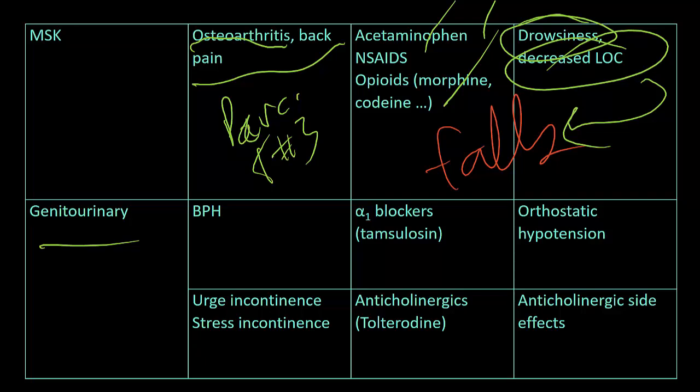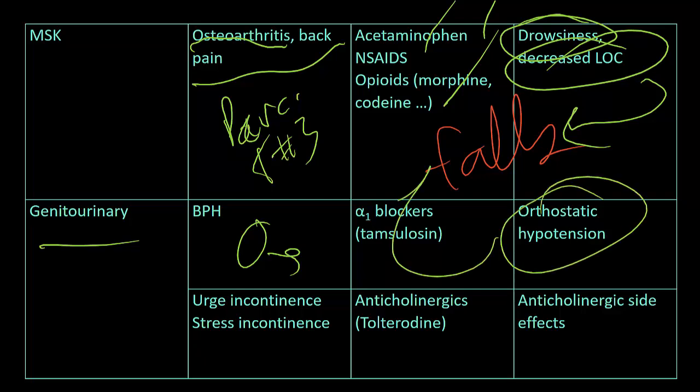Genitourinary issues are also quite common. In men, you have benign prostatic hyperplasia, which is often treated with alpha blockers such as tamsulosin. These medications not only have effect on the prostate, but they also have effect on the blood pressure and can cause orthostatic hypotension, which can also lead to falls.